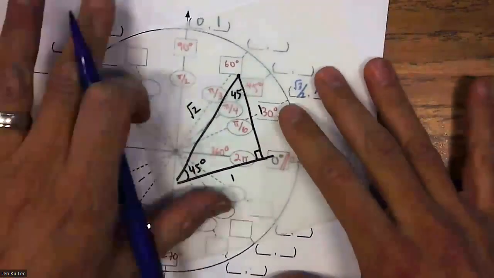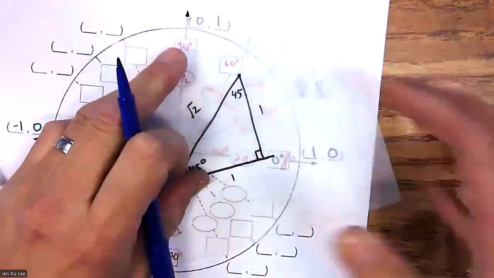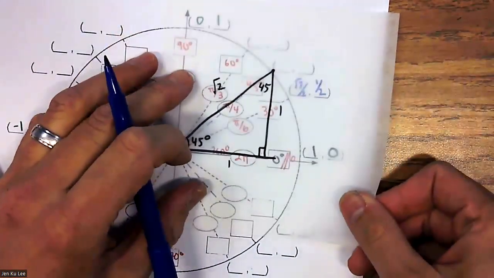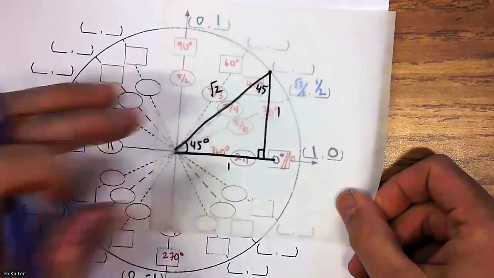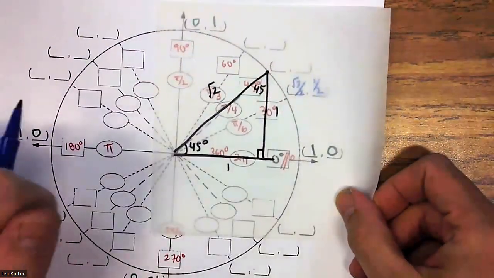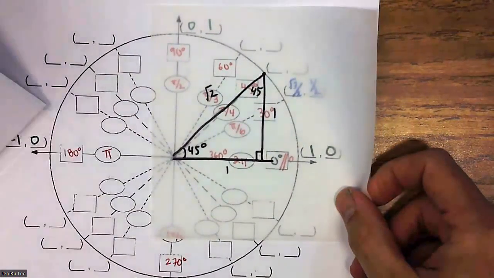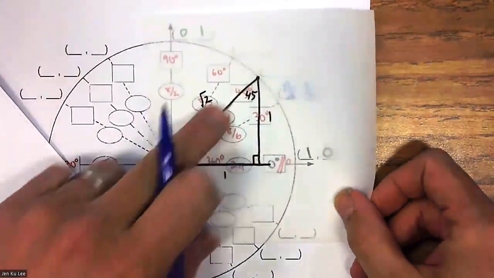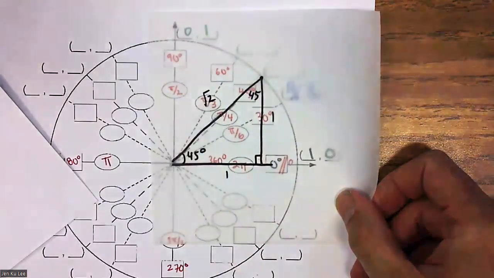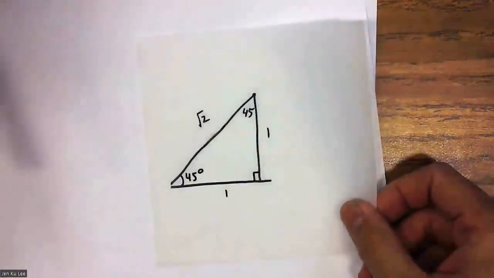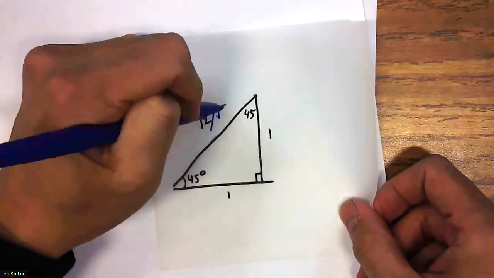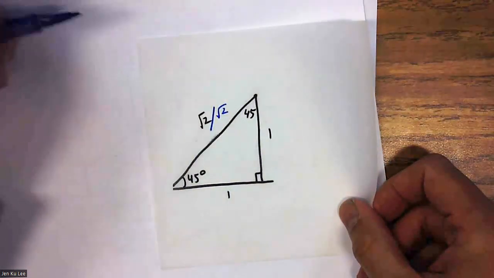If I want to plop this triangle onto my unit circle, where the radius is 1, this side here, the square root of 2, has to be 1. So in order for me to do that, I have to divide by square root of 2, right?